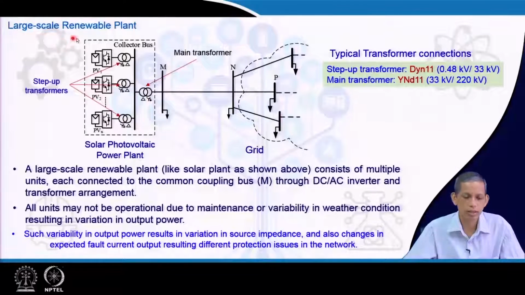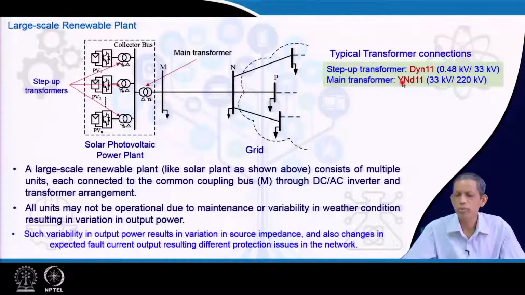Let us come to a large scale renewable plant, where we have several such units, depending upon the capacity of each PV plant and its associated inverter, and then aggregation of that leads to a step up transformer, and such units, in multiple numbers, are connected to a common collector bus, and then that large scale integration is connected to a high voltage bus through another main step up transformer.